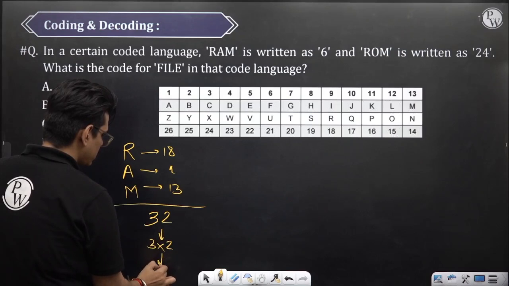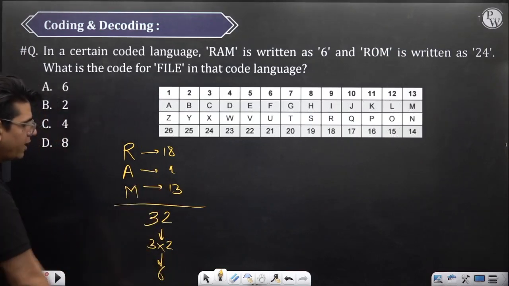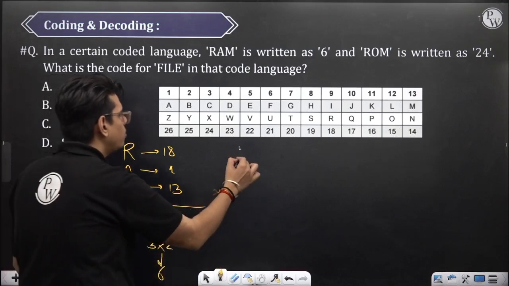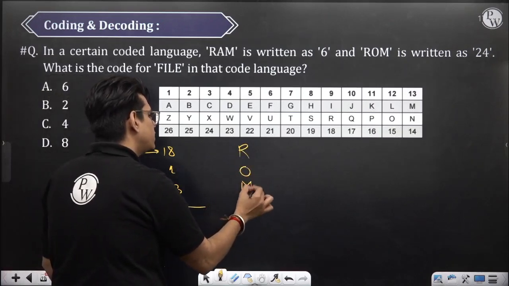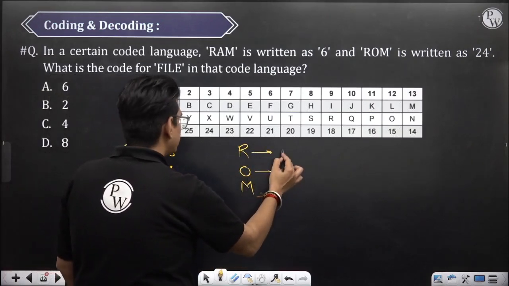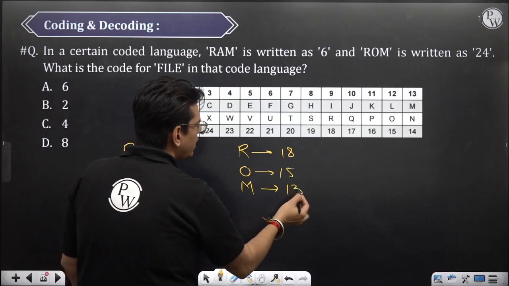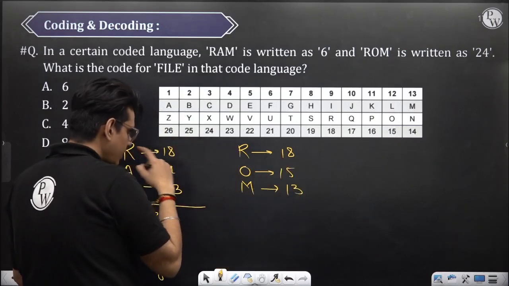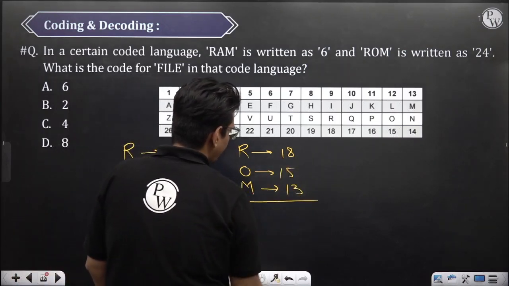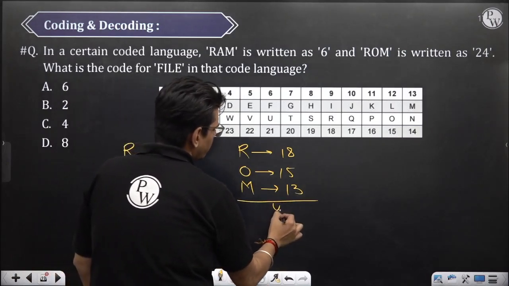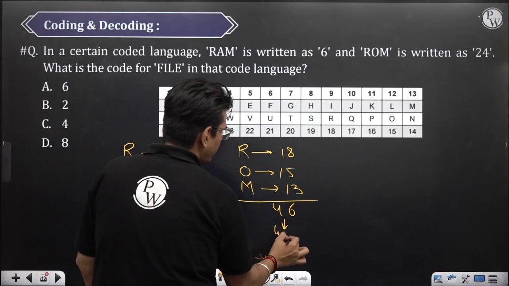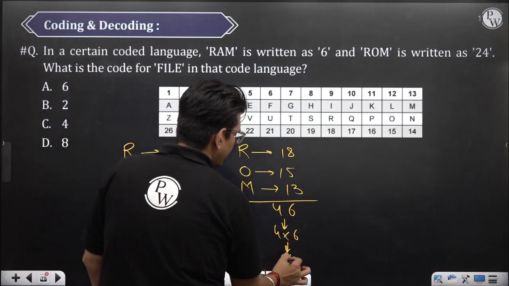So here we can easily find the pattern. Similarly for ROM, just for verification, R is 18, O is 15 and M is 13, 28 plus 10, 38 plus 8, 46. This is 4 into 6, and we are getting 24.